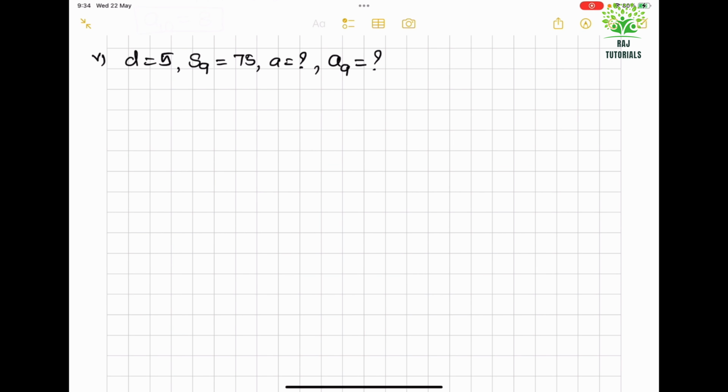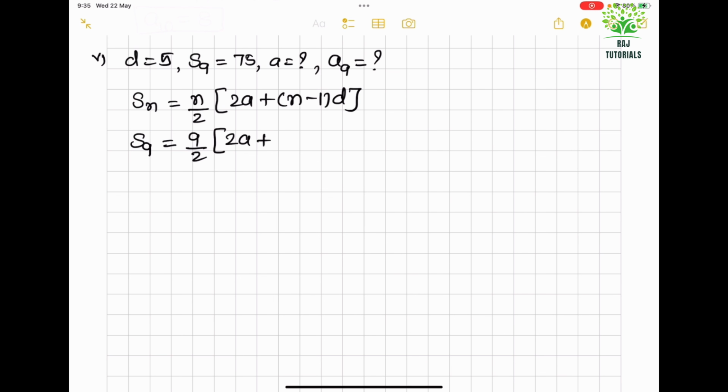S9 is 75. A9 I have to find. So I can say directly Sn equal to n by 2 into 2a plus n minus 1 d. So here S9 equal to 9 by 2 into 2a plus 8d, 9 minus 1.